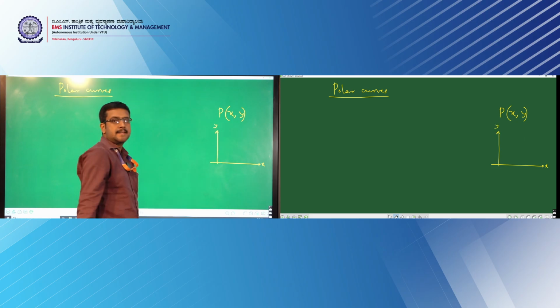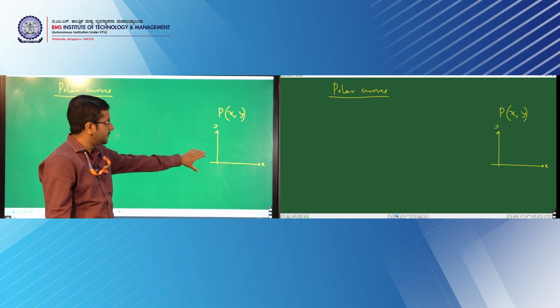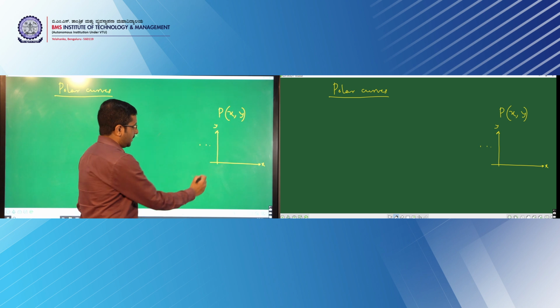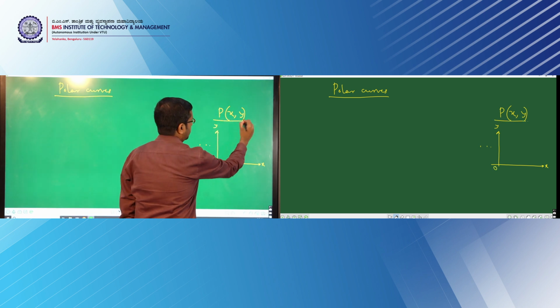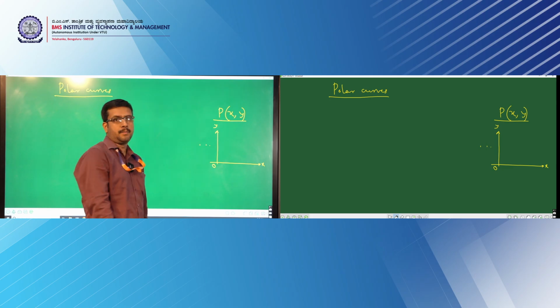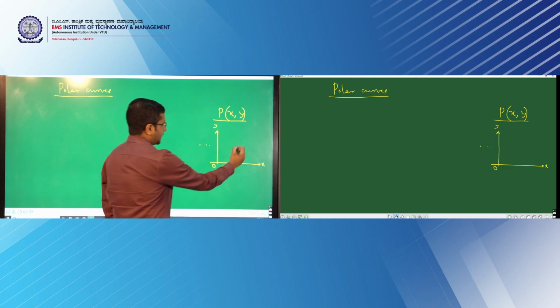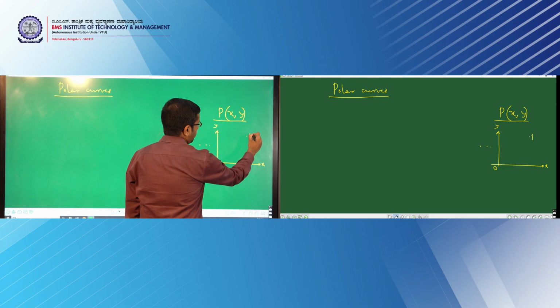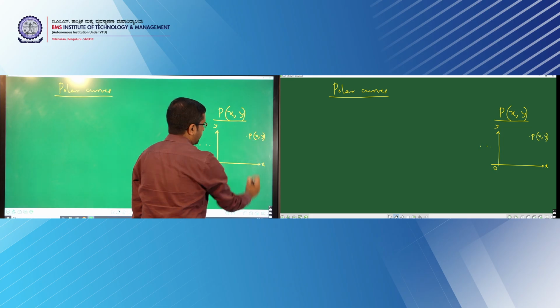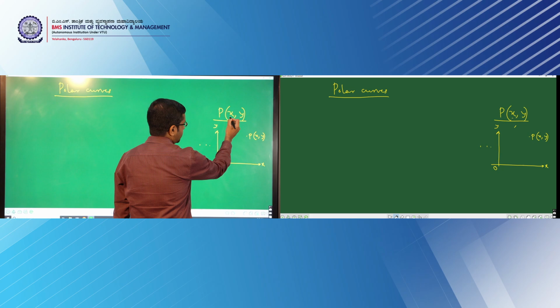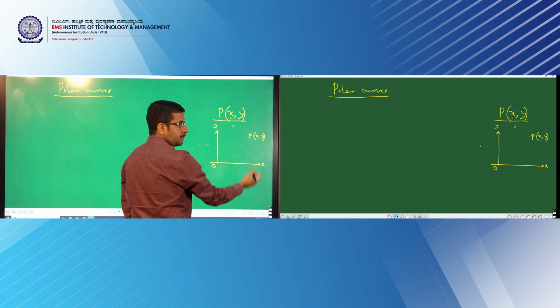In this rectangular Cartesian coordinate system, this is a two-dimensional system where this is the origin. Suppose any point P I am taking has a coordinate x comma y. This means the abscissa of the point is x and the ordinate of the point is y.